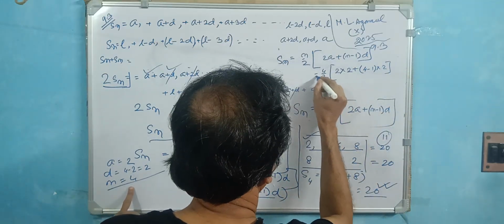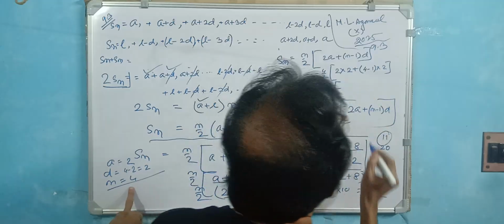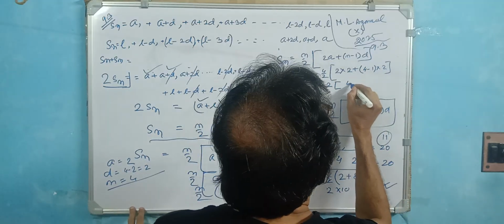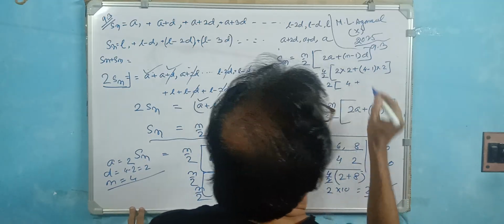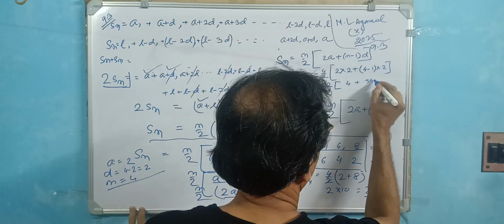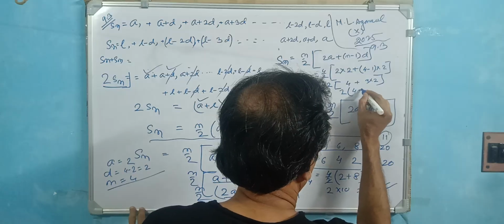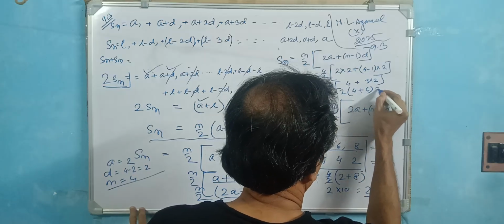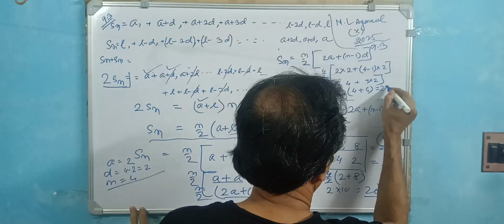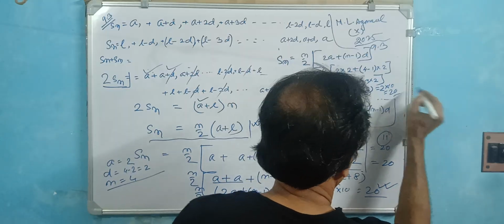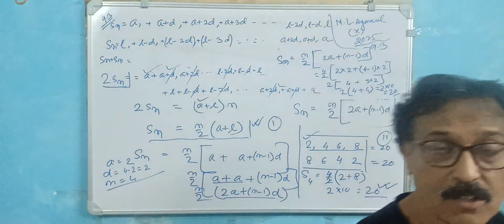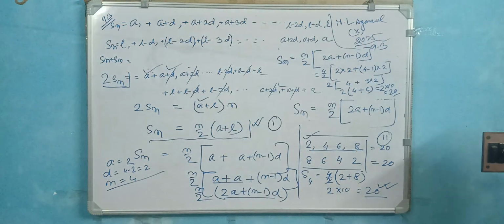This is 2 (4 + 3 into 2). Now 2 (4 + 6), so 2 into 10. So this is also 20. Just apply in the two formulas also. It's coming.